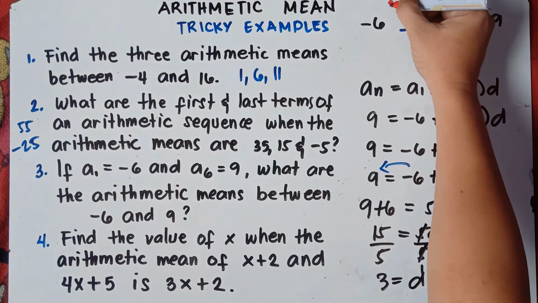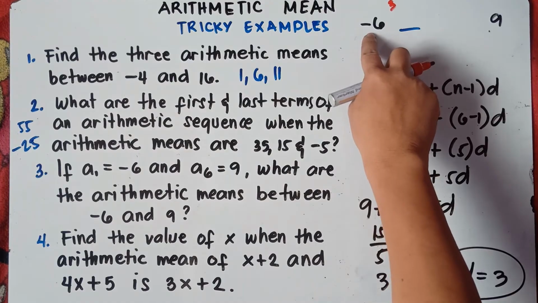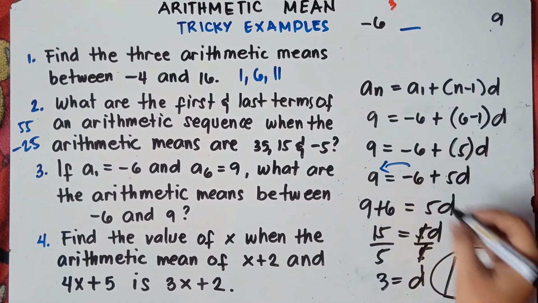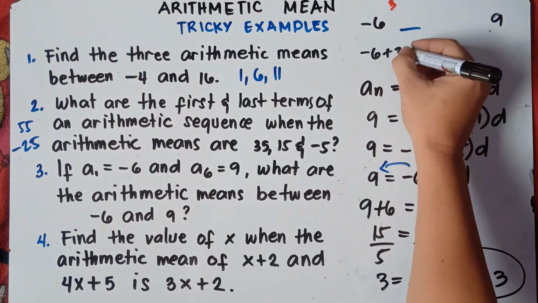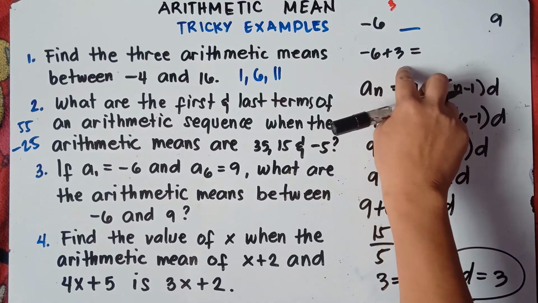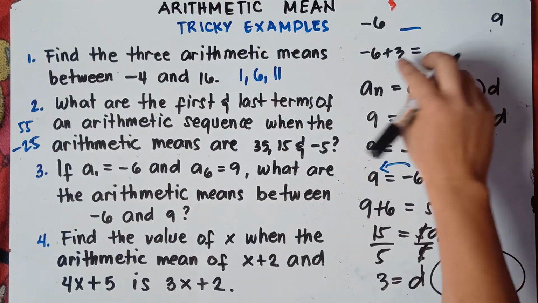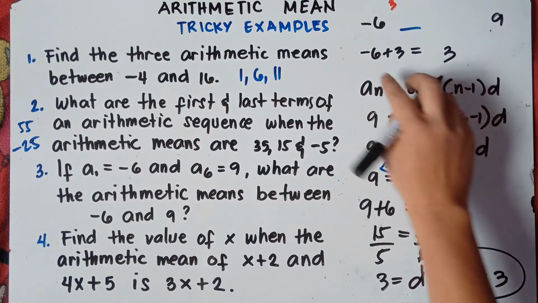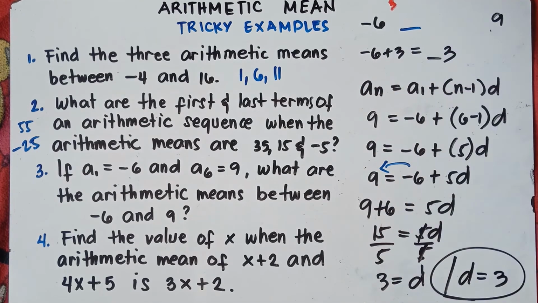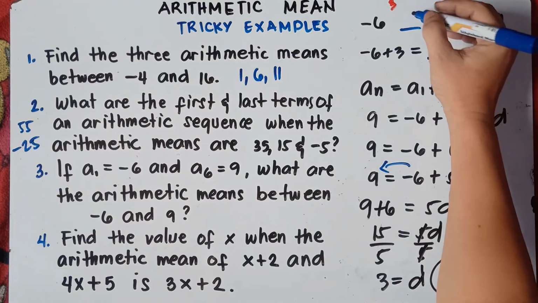So the common difference is 3. So -6 plus 3. If the signs are not the same, subtract, then copy the sign of the larger number. So 6 minus 3 is 3. 6 is greater than 3. We copy negative. So -3. The next number is -3.